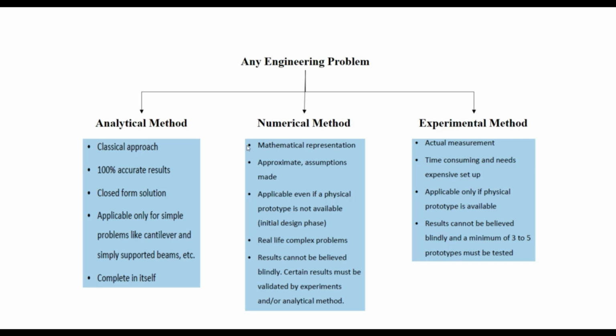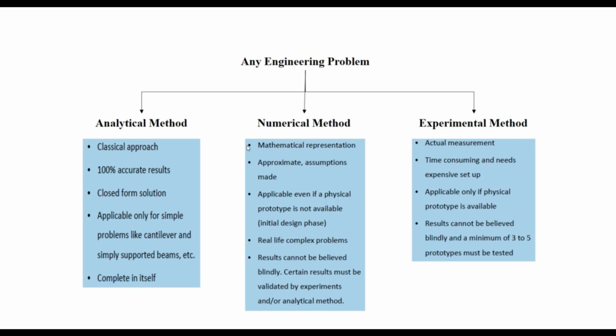Coming to the next method, the numerical method: we prepare the mathematical representation of the engineering problem, then make some assumptions in order to simplify those mathematical equations, and solve them. This numerical method can be applied to solve any engineering problem even though the physical prototype is not available.